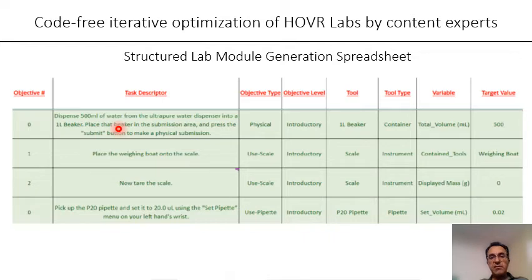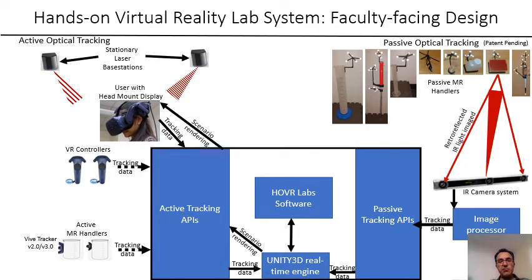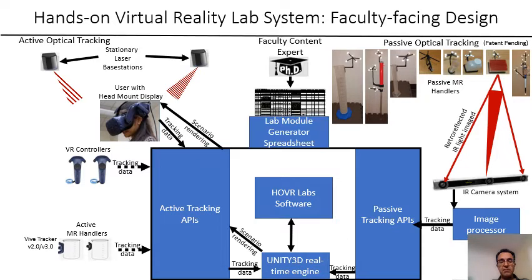By defining the milestones that a user must proceed through as they complete their lab activity, faculty content developers define the logical sequence of the lab experience itself in a code-free manner. Once a lab module generator is created, it is read by the main software to generate a new version of the HOVR Labs experience. Iterative refinement is as easy as updating an Excel spreadsheet.